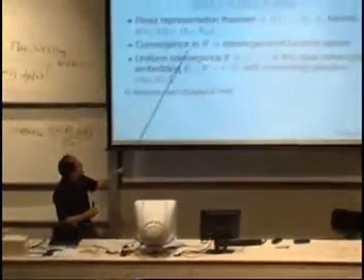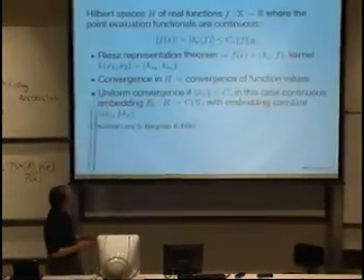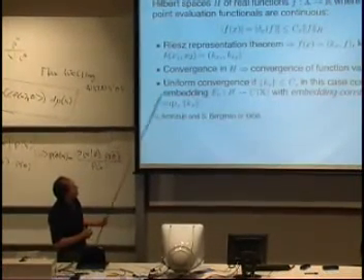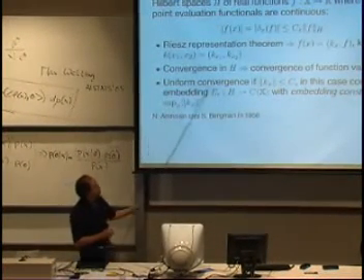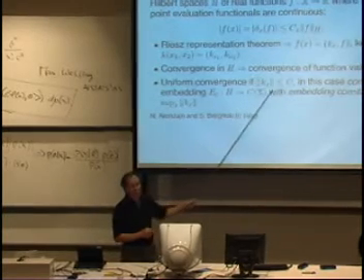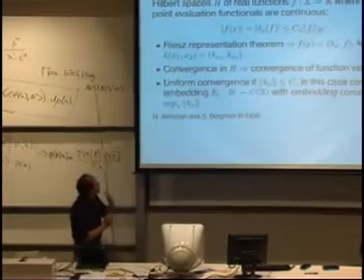So convergence in H gives us as a consequence convergence of our function values. If we have a bound on the norm of our kernels which is independent of x, we even get uniform convergence.